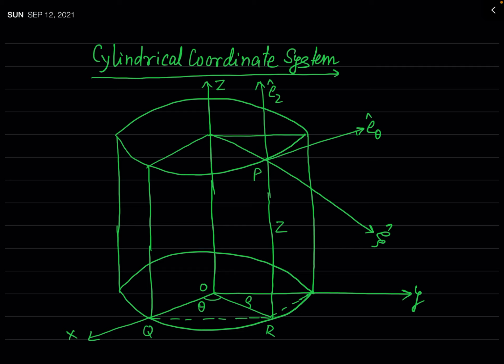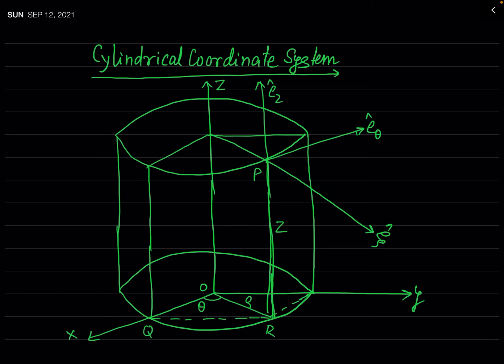There is a point P in space, and the coordinates of this point P in the Cartesian coordinate system are x, y, z. I have considered here a cylinder, and I have drawn a perpendicular PR on the XY plane, or you can say the XOY plane. So PR is perpendicular to the XOY plane.